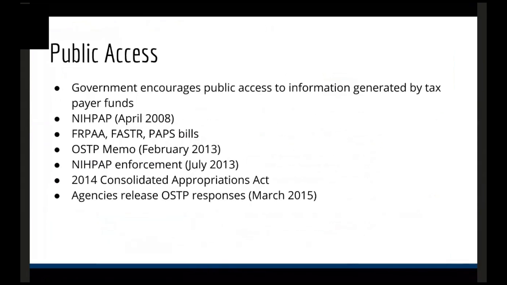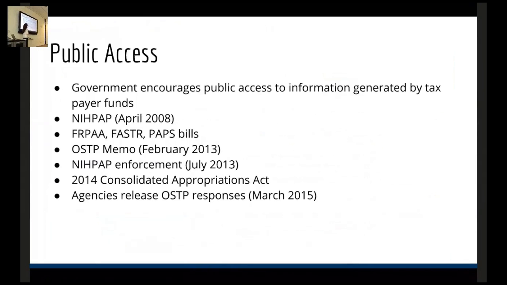There have been a whole bunch of legislative actions to continue to support this public access policy, and the data sharing and data management plan aspects of funding agencies' plans are part of this. It was requested in the Office of Science and Technology Policy memo in February 2013.